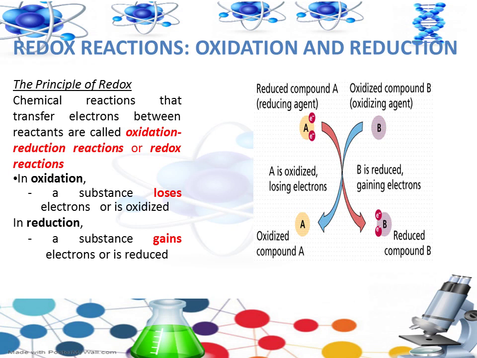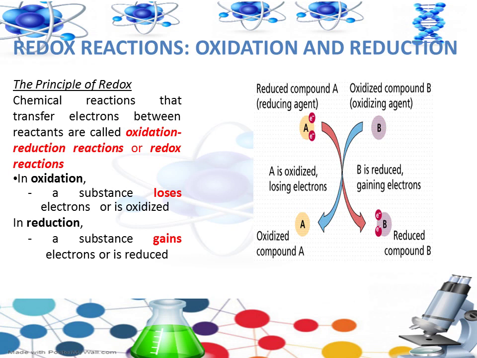So redox reactions basically is the oxidation and reduction process. You have learned this redox reaction in chemistry, so just refresh yourself. In oxidation, meaning that oxidize is loss of electrons, so the substance is oxidized, and reduction is gaining the electrons.